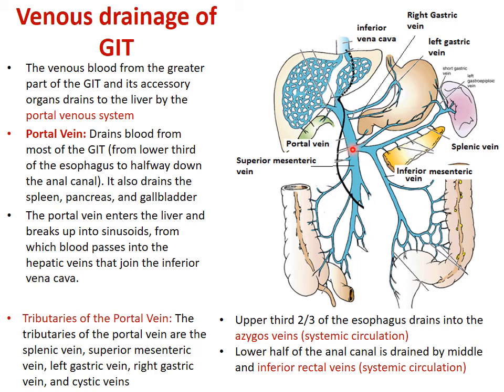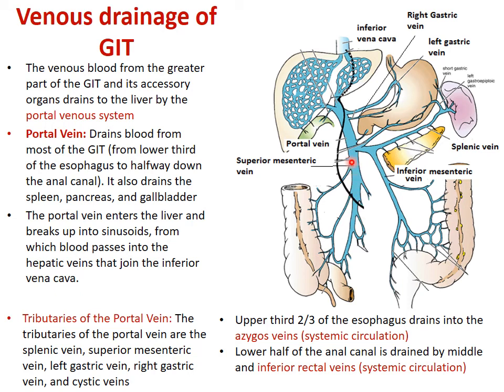This portal vein is formed by the combination of this vein and this vein. This vein is called the splenic vein. It is coming from the spleen, right? It also drains the pancreas. The name of this one is very long, it is the splenic vein. This inferior mesenteric vein also drains into the splenic vein, right? So the splenic vein also drains the pancreas, and the inferior mesenteric vein also drains into the splenic vein, and this vein is the superior mesenteric vein.